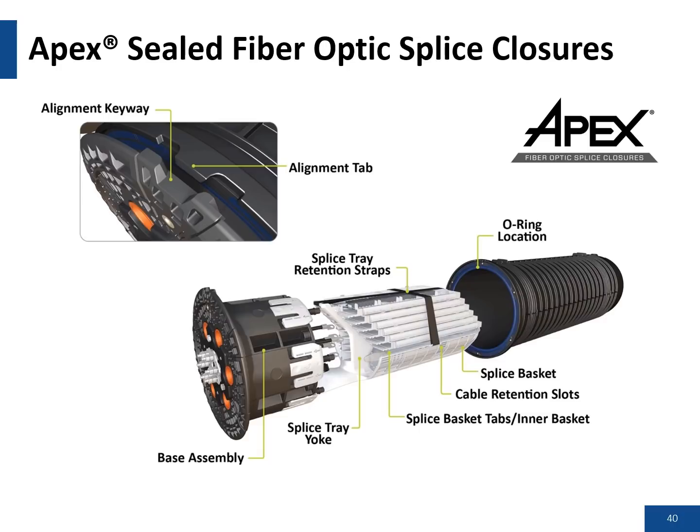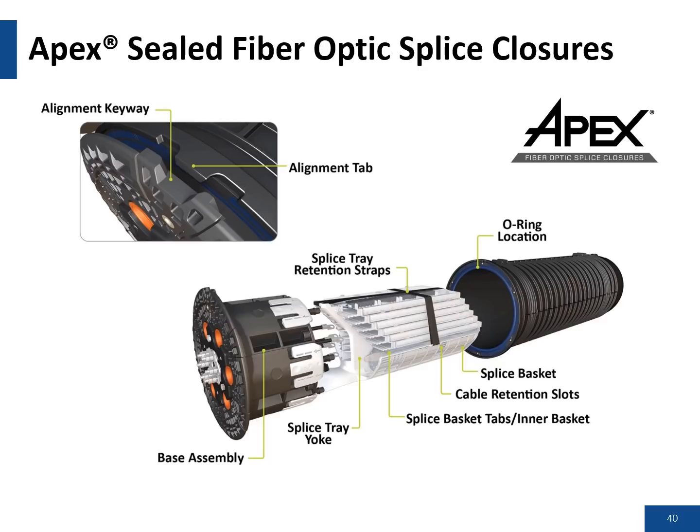So when you splice in the field and you're in that outside plant environment, you have to put the fiber in a protective enclosure. These are called splice closures. This is an example of an AFL closure. The closures now are a new generation of closures that use a gel entry system.